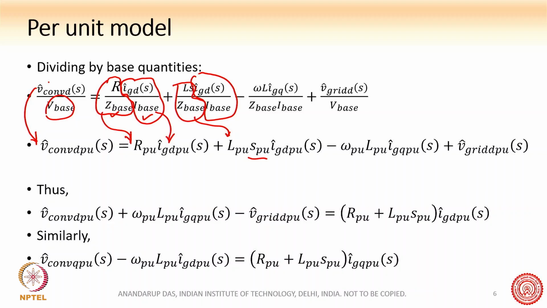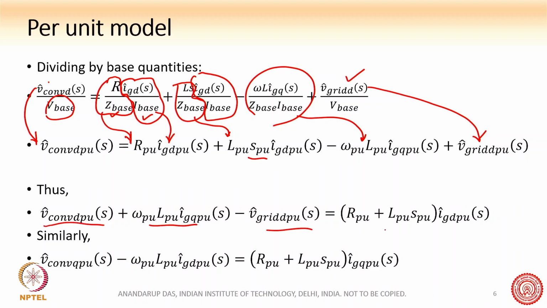So when you draw the Bode plots, the omega axis will be in per unit. Similarly, V grid will become like this. The per unit equation seems very similar to the original equation, so we can simplify and write it this way in the S domain, and these are the expressions.